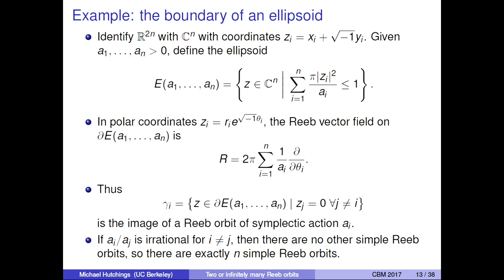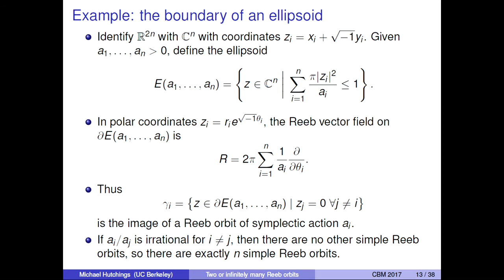And you can compute the Reeb vector field. You can just take this function to be the Hamiltonian and compute the Hamiltonian vector field of that, and then rescale it. And you find that what the Reeb vector field does is it rotates each of the complex components zi. So d by d theta i means that I'm just changing the argument of zi.